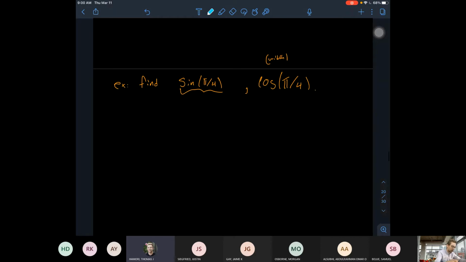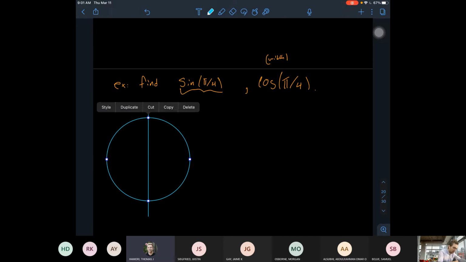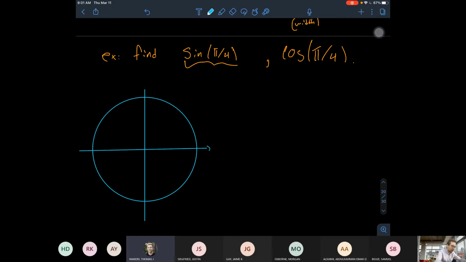Okay, so let's first draw our unit circle. And our unit circle should definitely have the angle pi over 4, which, remember, pi over 4 radians equals pi over 4 times 180 over pi degrees, which is equal to 45 degrees.